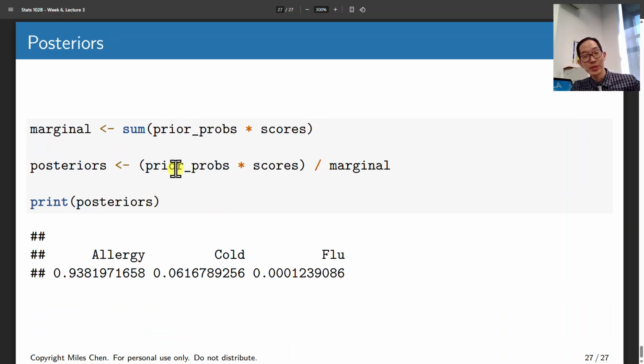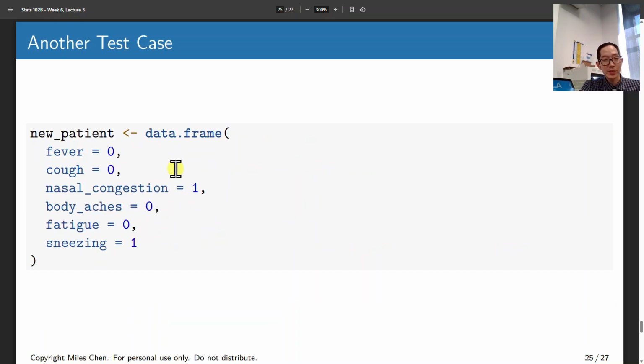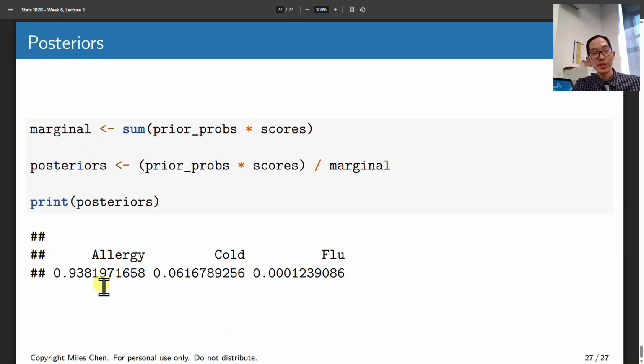Then we'll do the marginal and our posteriors. In this case, if our symptoms are just nasal congestion and sneezing and no other symptoms, then the most likely diagnosis is going to be allergies at around 94%, maybe a 6% chance of cold, and almost a 0% chance of flu.